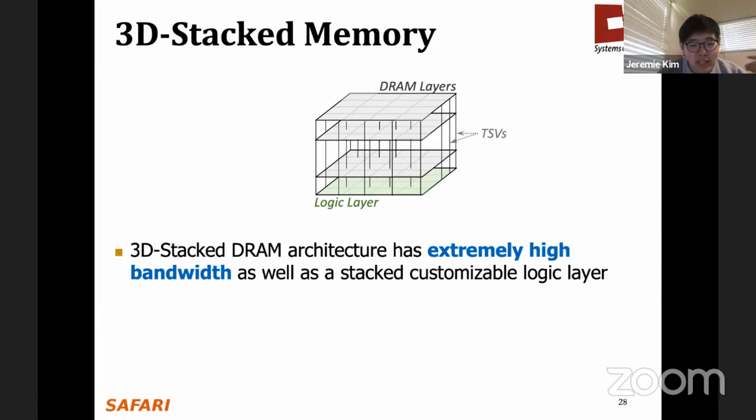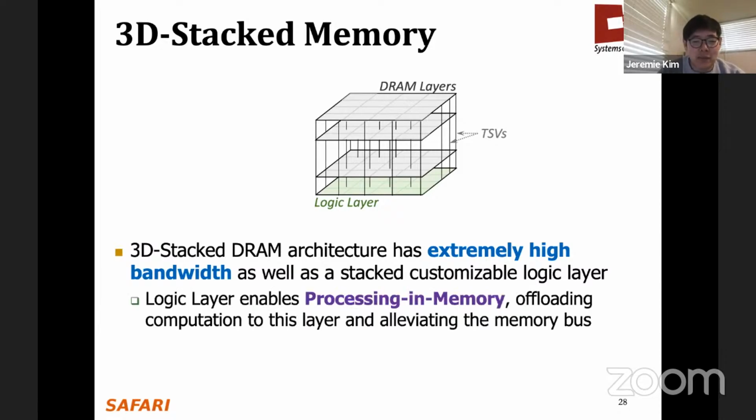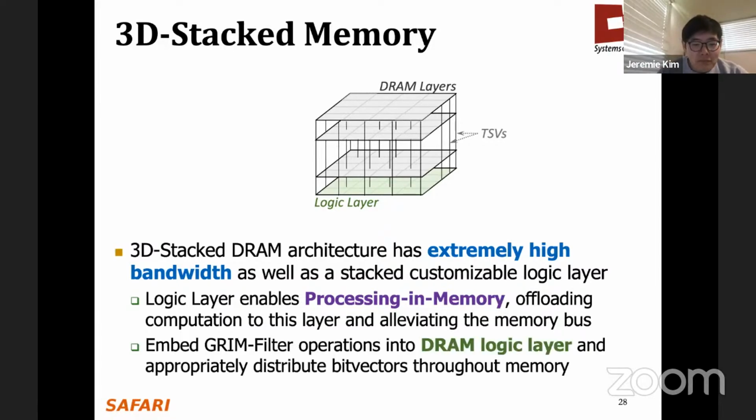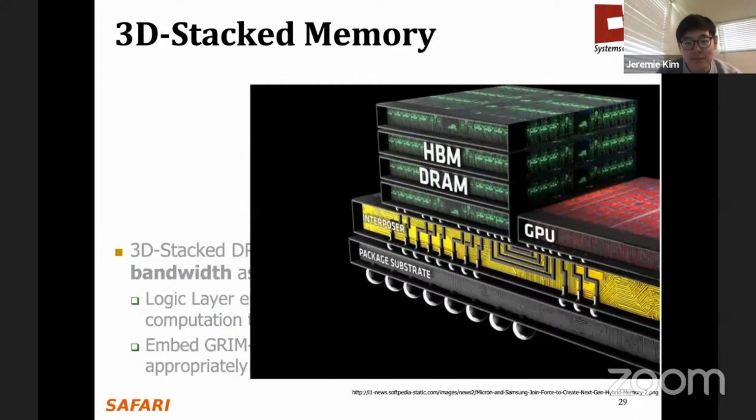So we have this high bandwidth as well as this stacked customizable logic layer, which enables processing in memory. Processing in memory offloads computation to this layer rather than transferring all the data into the CPU, having the CPU process it, and bringing it back. So it alleviates the memory bus. We can embed these GrimFilter operations into the DRAM logic layer and appropriately distribute the bit vectors throughout the DRAM layers, so that we can effectively parallelize these operations in the logic layer.